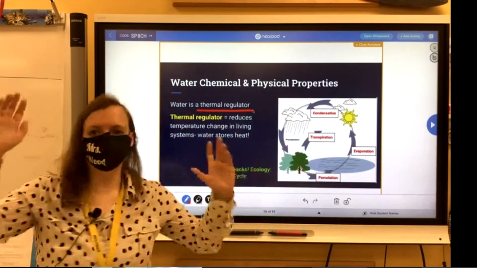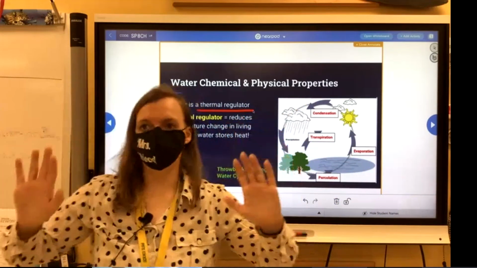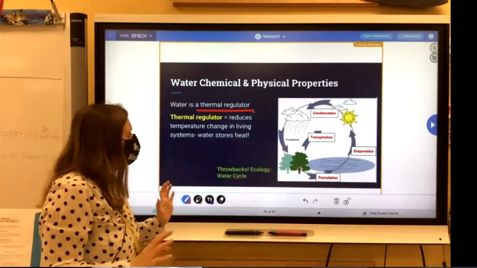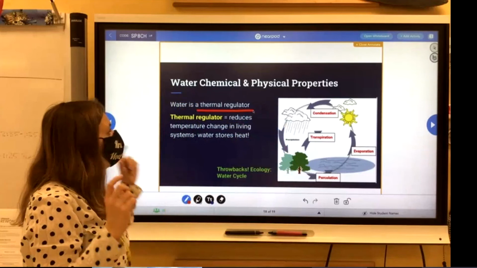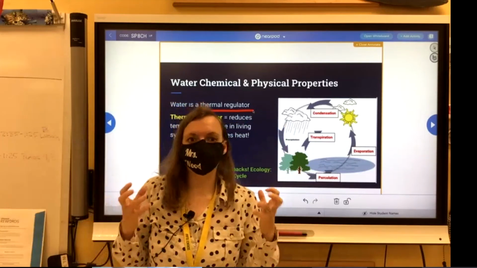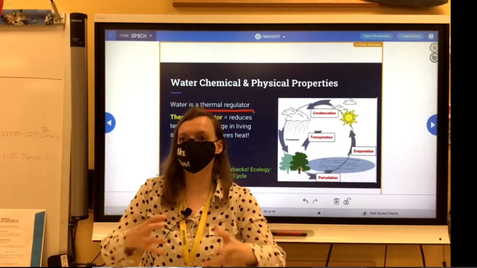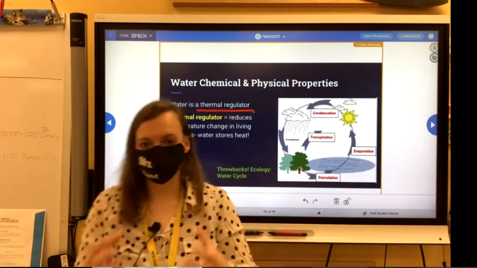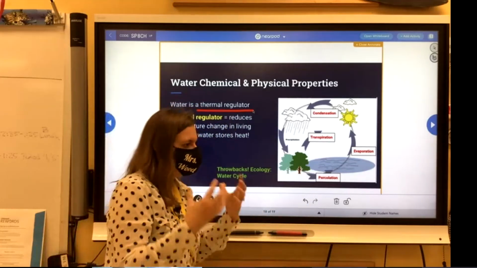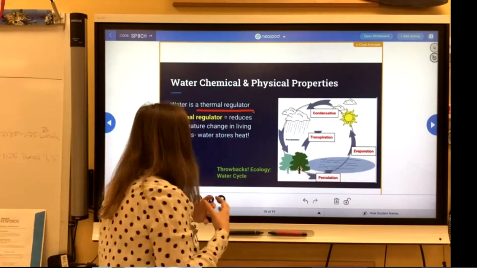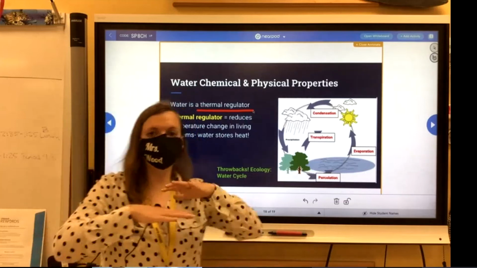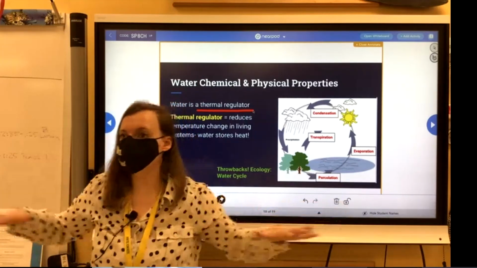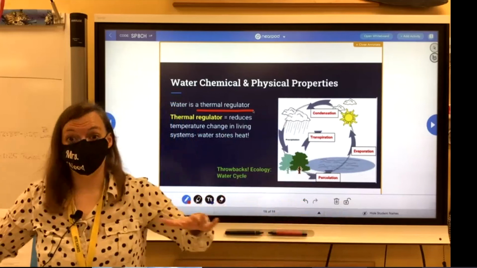But basically that water is moving around in the system, all right? And so why is that helpful? Well, water itself is actually really good at holding heat, all right? It's a really good molecule for keeping in heat. And so why is that useful? Well, it helps stabilize the temperature of the area, all right?